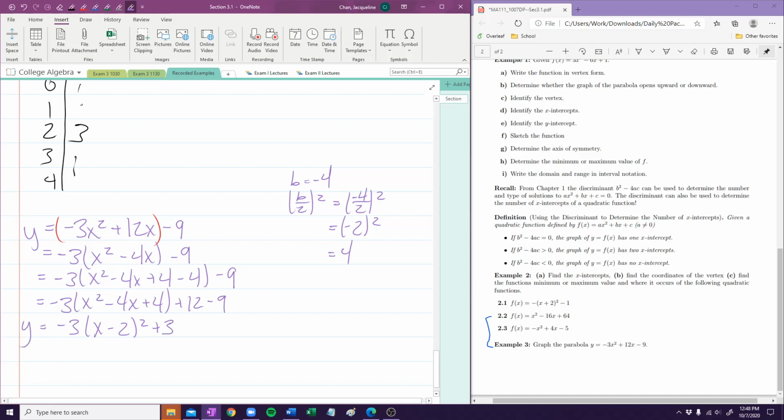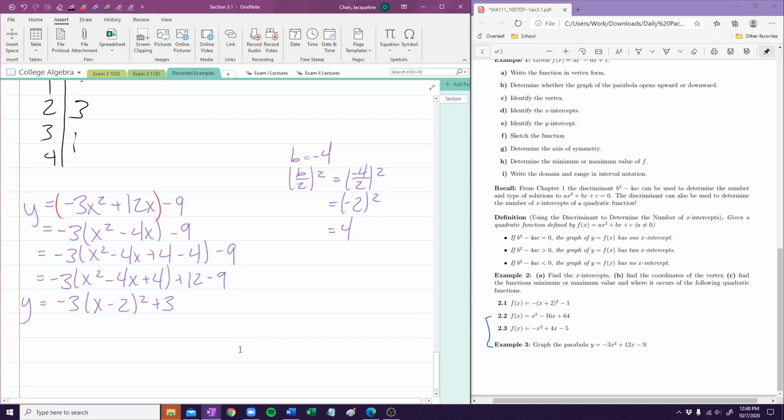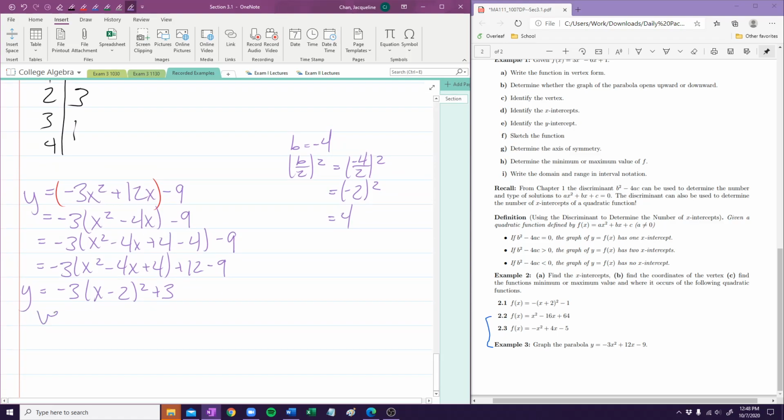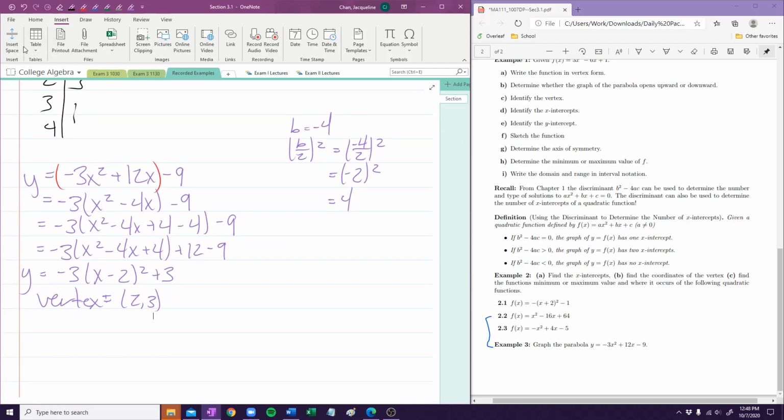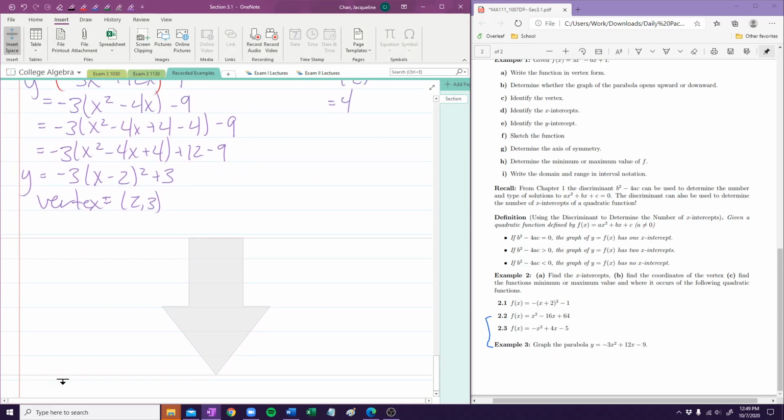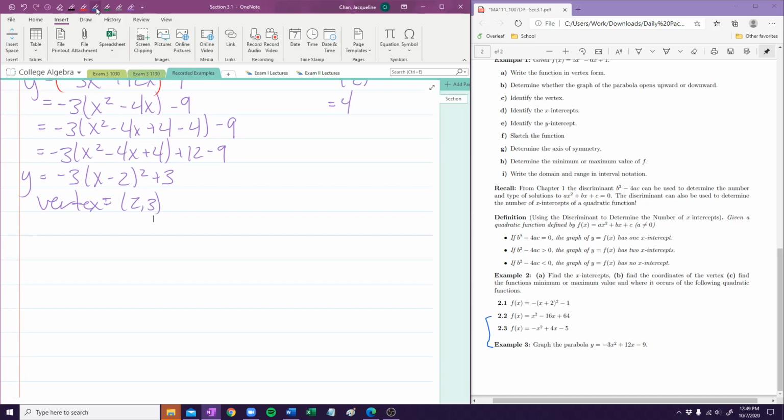Okay, so this is my equation in vertex form. Okay, and again, the vertex is equal to 2, 3. And as you see, it matches up here. Okay. So now what I'm going to do is the transformations. Okay, so remember we need the parent table.